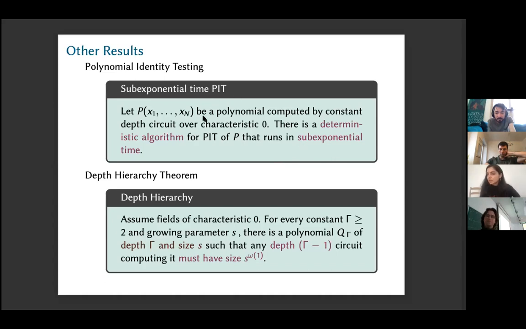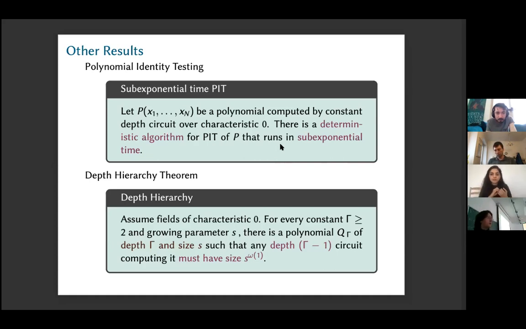I see. So yeah, it will be something like n to the power square root d. And the dependence on delta is going to be exponential in the depth. The dependence on depth is exponential, but because your depth is constant, all those factors just become constants. So the sub-exponential is coming because of its dependence on the degree of the polynomial.